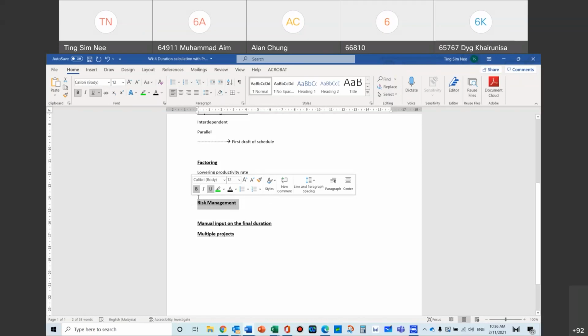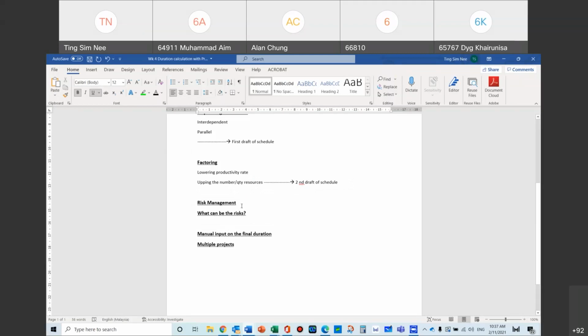So this one is more thoughtfulness, okay? For risk management, we can think about what can be the risk. What is the risky situation? What are the things that could happen? And there is a proper way of dealing with this, you see. It's not just about sitting here and thinking about what can go wrong.